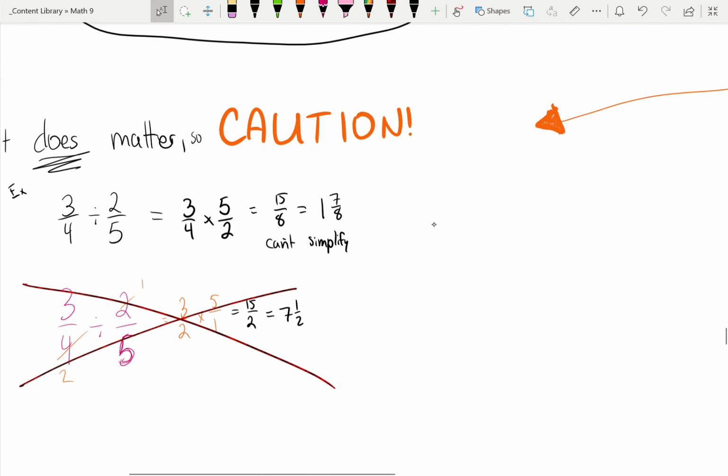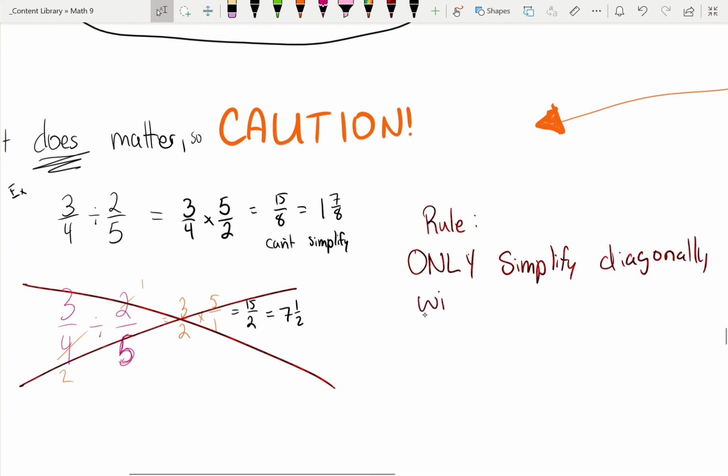So our rule here is only simplify diagonally with multiplication questions.